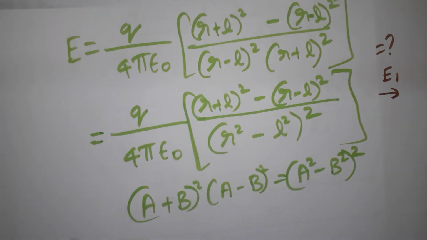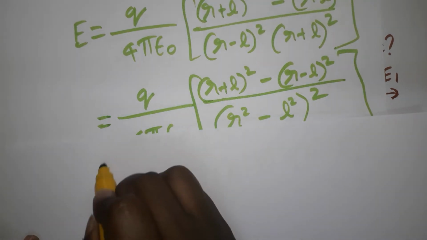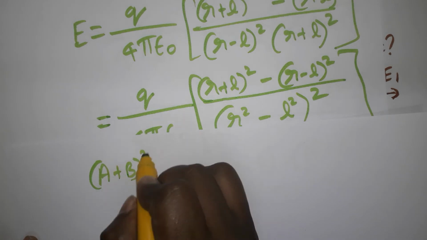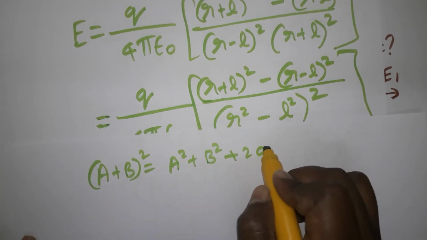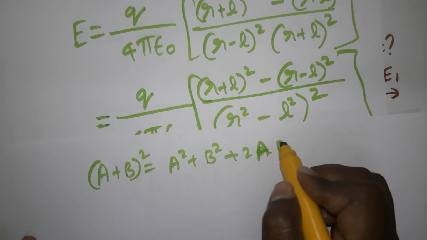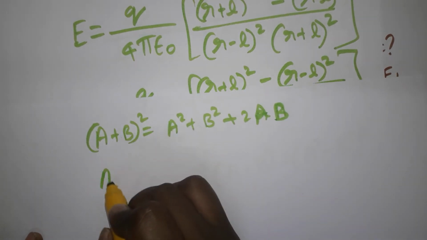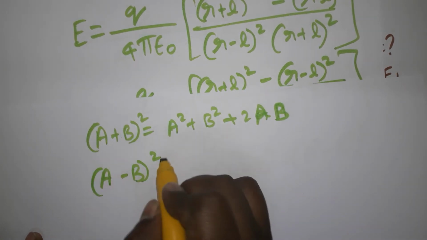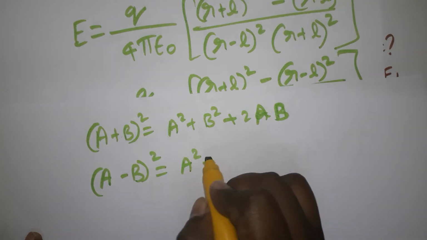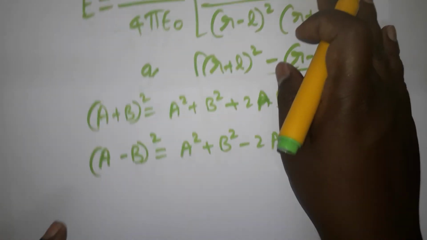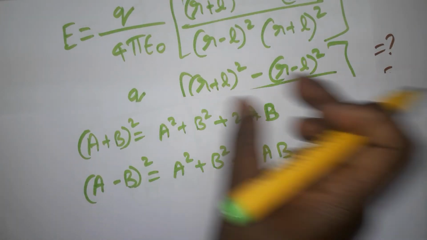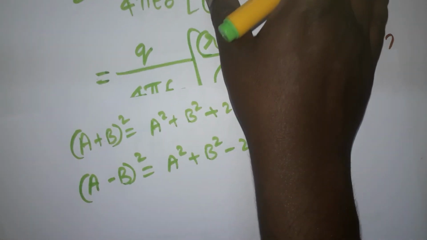Now I know the A plus B whole square formula: A plus B whole square is A square plus B square plus 2AB. A minus B whole square is A square plus B square minus 2AB. So this I am going to use as the A plus B whole square formula, and this as the A minus B whole square formula.